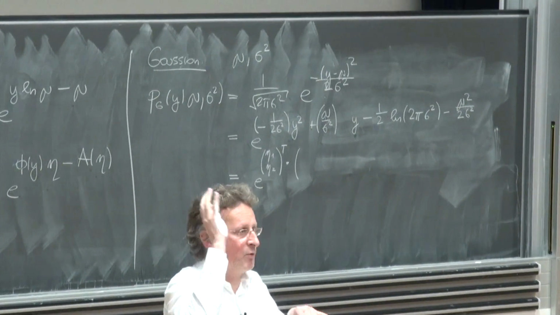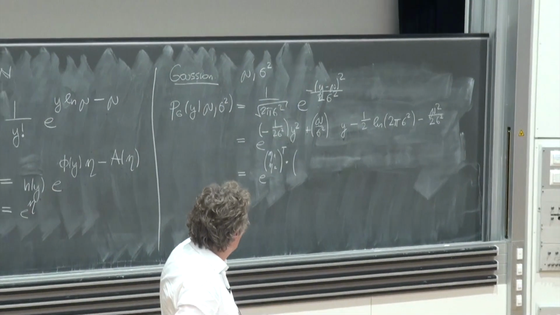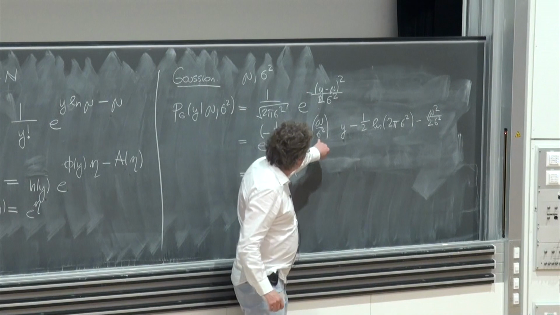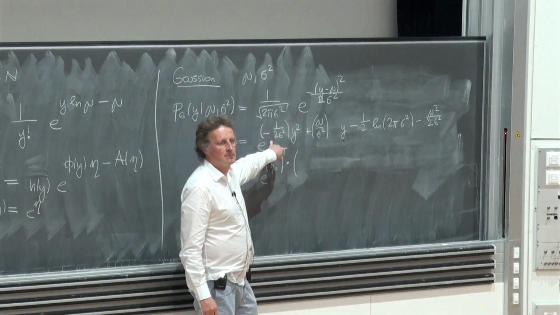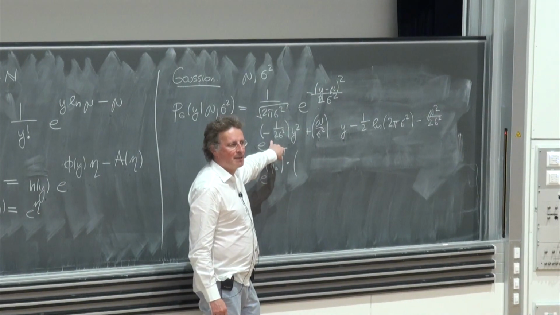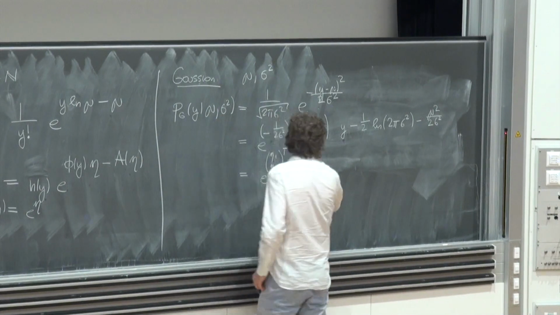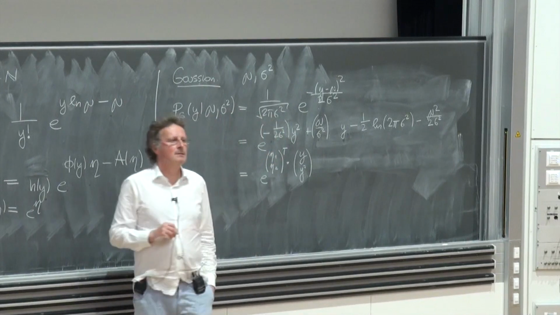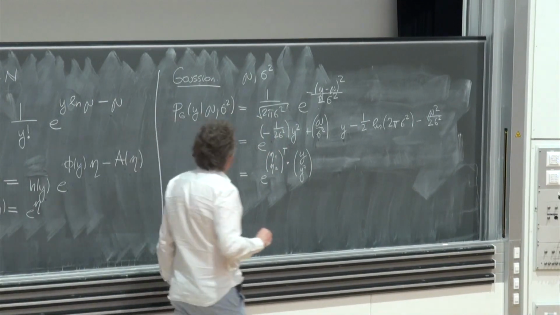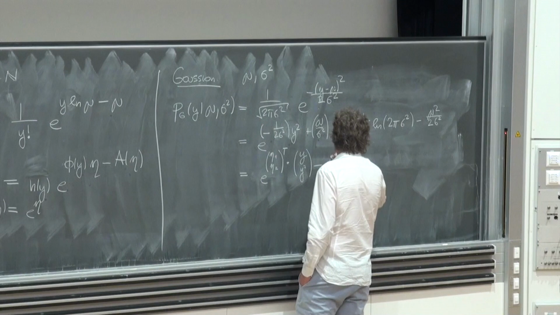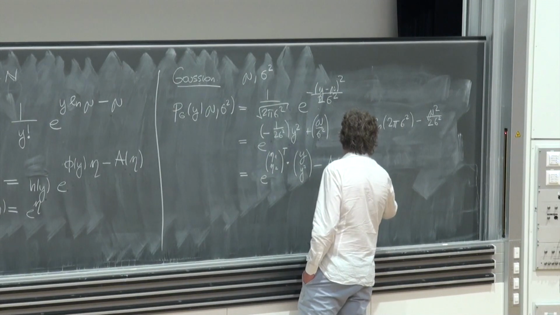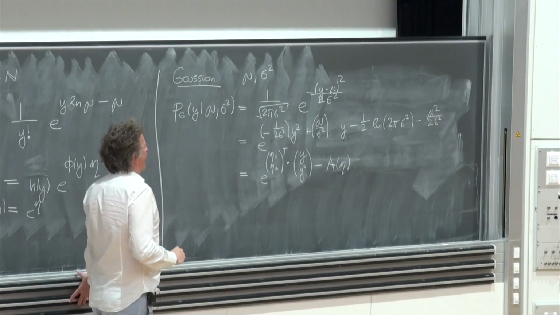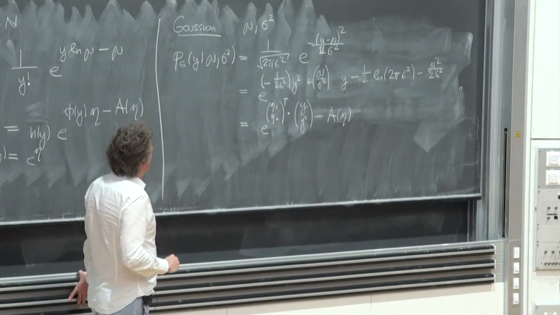I want to write it as an inner product. So what will be the eta 1 and the eta 2? The eta 1 and the eta 2 will be exactly these 2 coefficients here. Okay? So I need to multiply them with what? I need to multiply them with a y and with a y squared. Okay? And then I still write minus A of eta, sorry. So now let's still write down all these parameters.